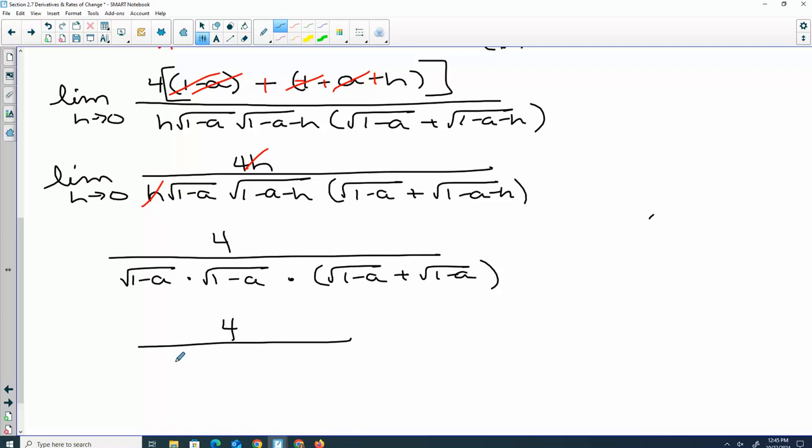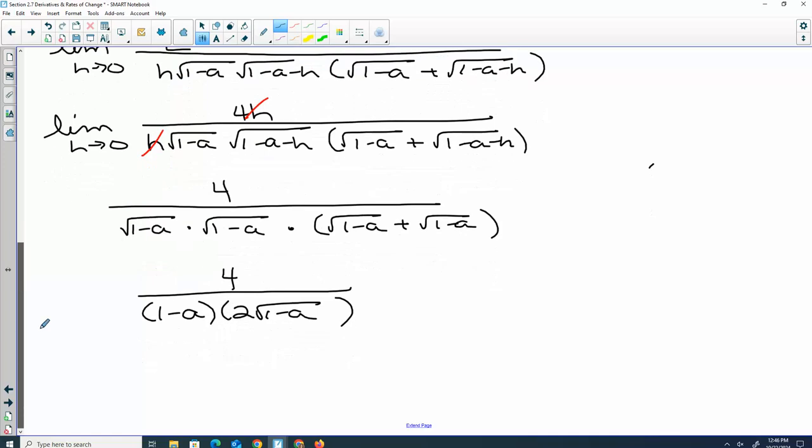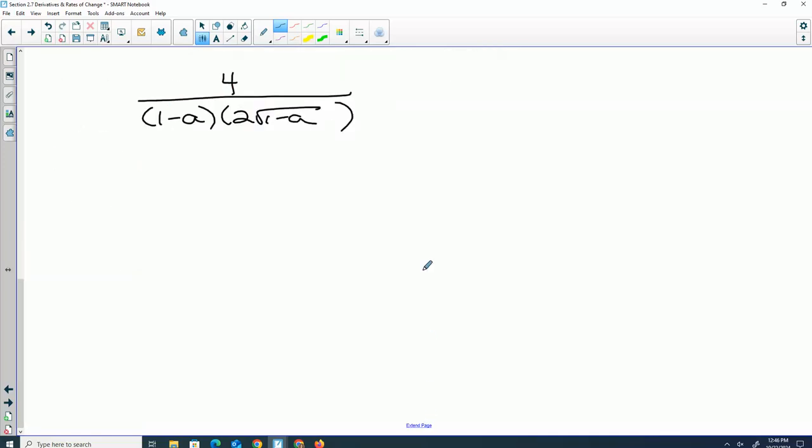Okay, square root of 1 minus a times the square root of 1 minus a is just 1 minus a. Radical 1 minus a plus radical 1 minus a is 2 radical 1 minus a. We could even reduce the 4 and the 2 since it's all one big multiplication problem. 4 divided by 2 is 2.